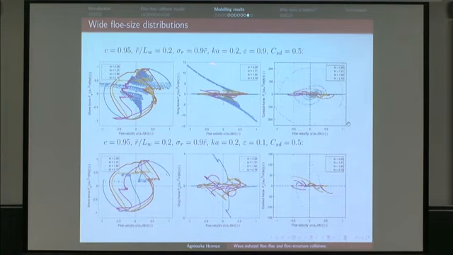Here is an example of modeling results with very wide floe size distribution. So we had some mean floe radius, and what you see in the pictures this time are results for just 4 selected ice floes with very different sizes. So we have a very small one, which is in blue, and the largest one is violet.